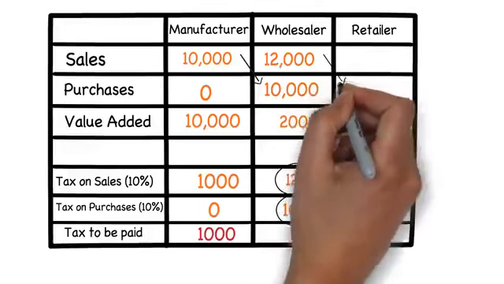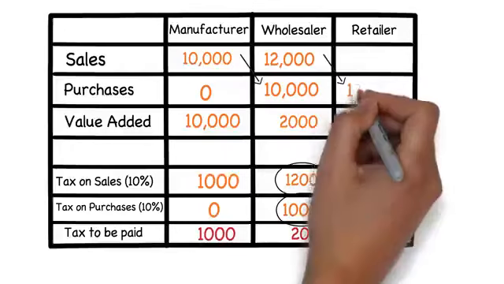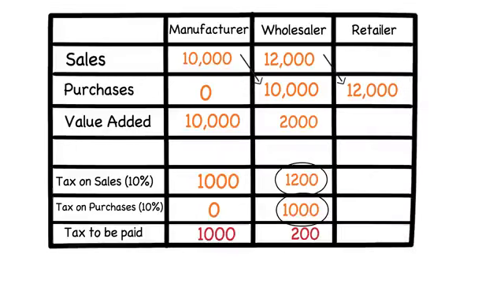The retailer, on his part, purchases from the wholesaler for rupees 12,000 and sells it to the end customer for rupees 15,000. Similar to the earlier situation, the markup of the retailer is Rs 3000. The complete tax on the sale is 10% of the selling price, which is 1500. The tax on the purchase from the wholesaler is 10% of the purchasing price, which is Rs 1200.